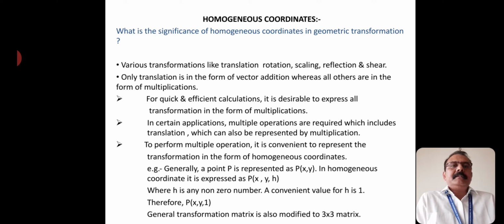For example, generally point P is represented as coordinate x comma y, but in homogeneous coordinate system it is expressed as P with coordinate x comma y comma h, where h is any non-zero number and the convenient value for h is always 1. Therefore, in homogeneous coordinate system, point P is expressed as x comma y comma 1. It means that the 2 by 2 matrix is modified into a 3 by 3 matrix.